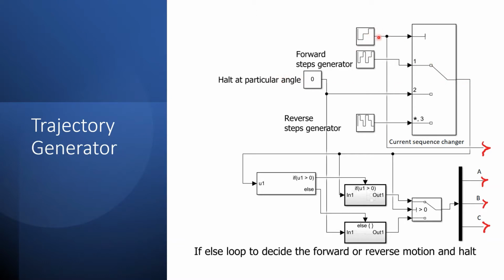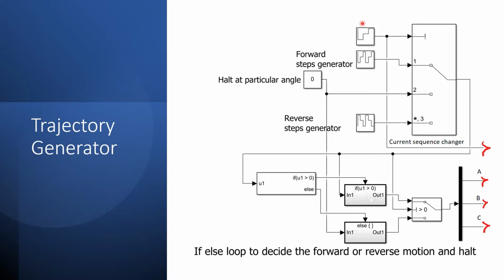So this is a selector which helps to select either forward or halt the motor or run the motor in reverse direction. And this part is an if-else loop. It selects the lookup table which is used to run the motor either forward or reverse, or to halt the motor for a particular time duration.